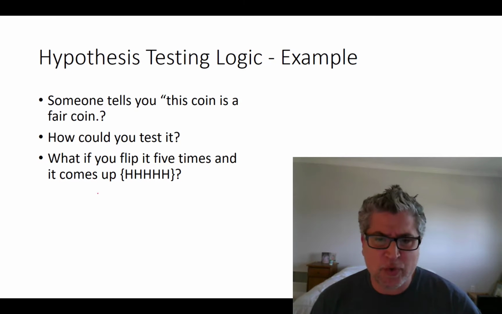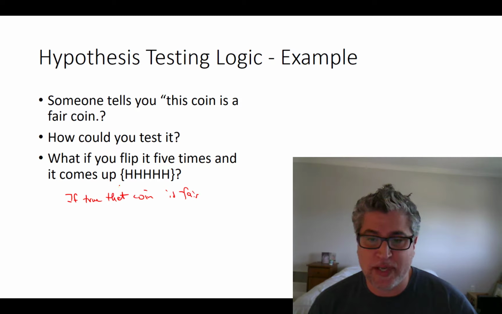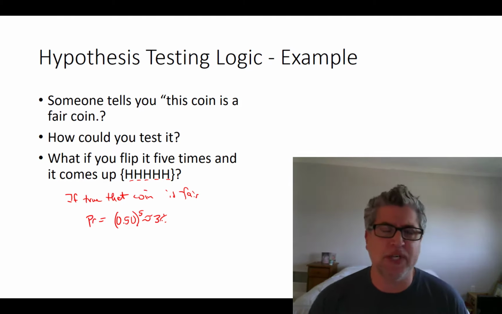I mean, if it were true that the coin was fair, then what is the probability that you would get 1, 2, 3, 4, 5 heads in a row? That probability would be 1/2 raised to the power 5, which, if memory serves me, is somewhere around 3%.